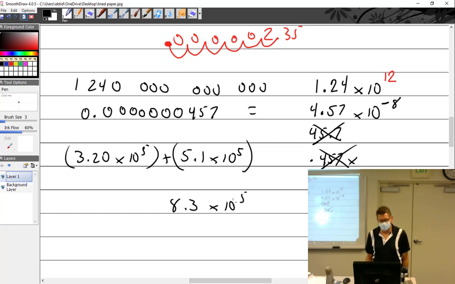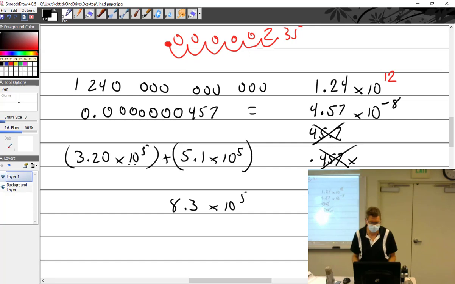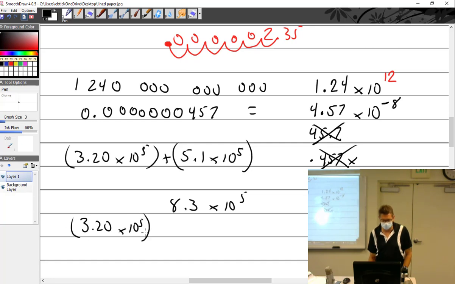If you had something that was mismatched, like, here's my example, 3.20 times 10 to the 5, and then you wanted to add 5.1 times 10 to the 4th, you can't do it that way.